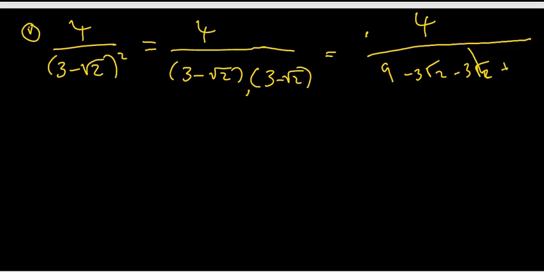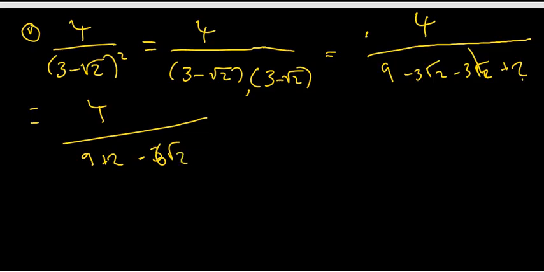Then there, it will give us positive 2. Then from there you say 4 over this 9, we'll add it with that 2. Then there we are going to have negative 6 root of 2.